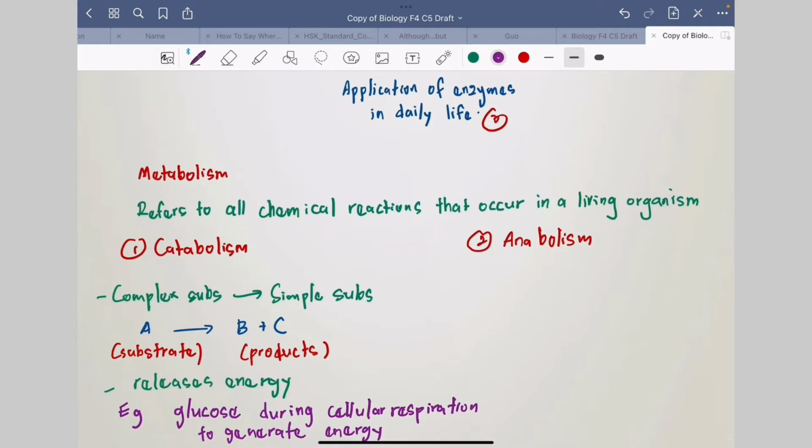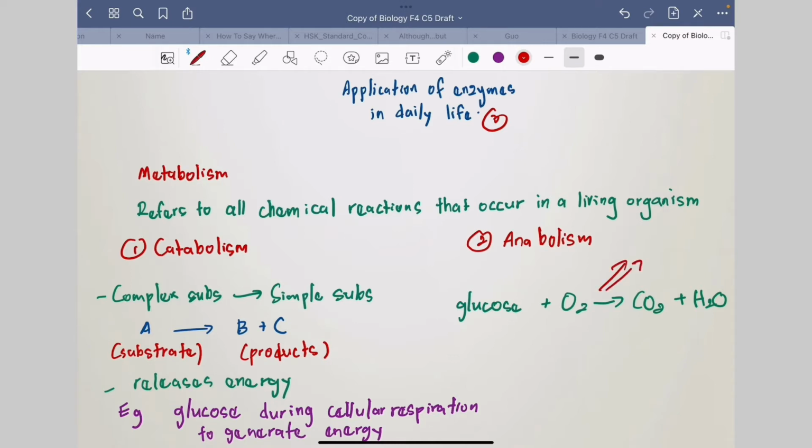So there is one equation that we already learned before during primary school, which is glucose reacts with oxygen to become carbon dioxide and water, and this reaction will release energy.